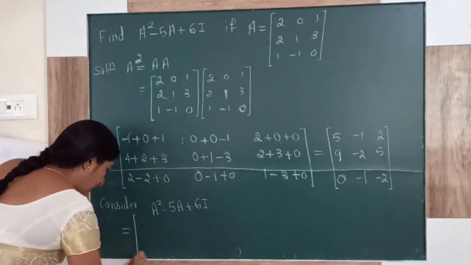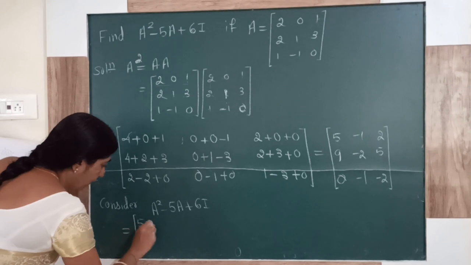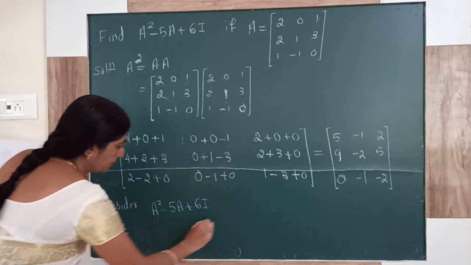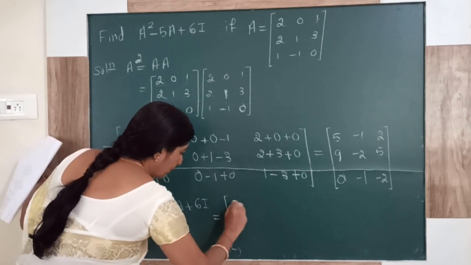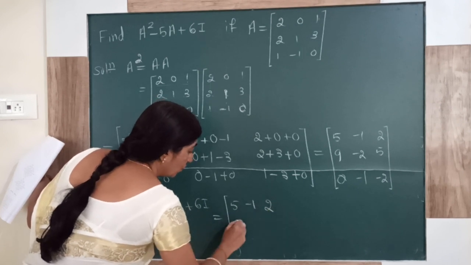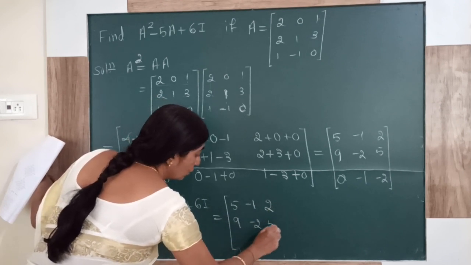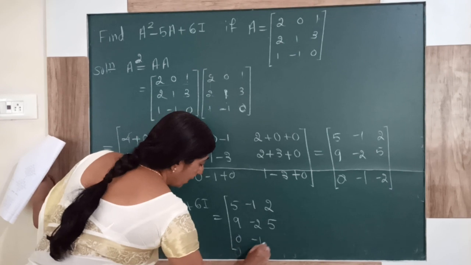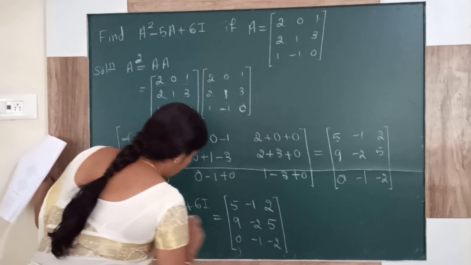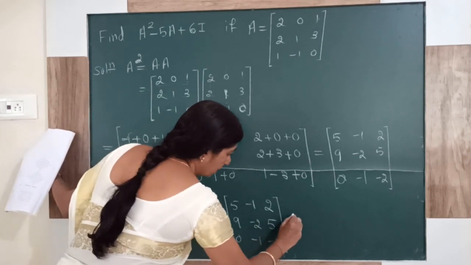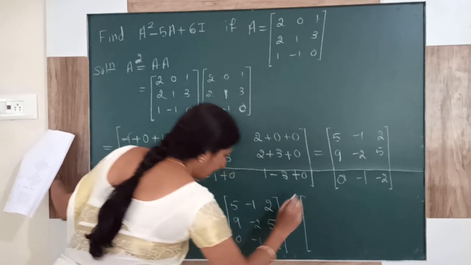Write down that A square value. A square is what? [5, -1, 2; 9, 5, -2; 0, -1, -2]. Then the middle sign, which sign do we have? Minus. Write down 5. Then which matrix do we have to write?